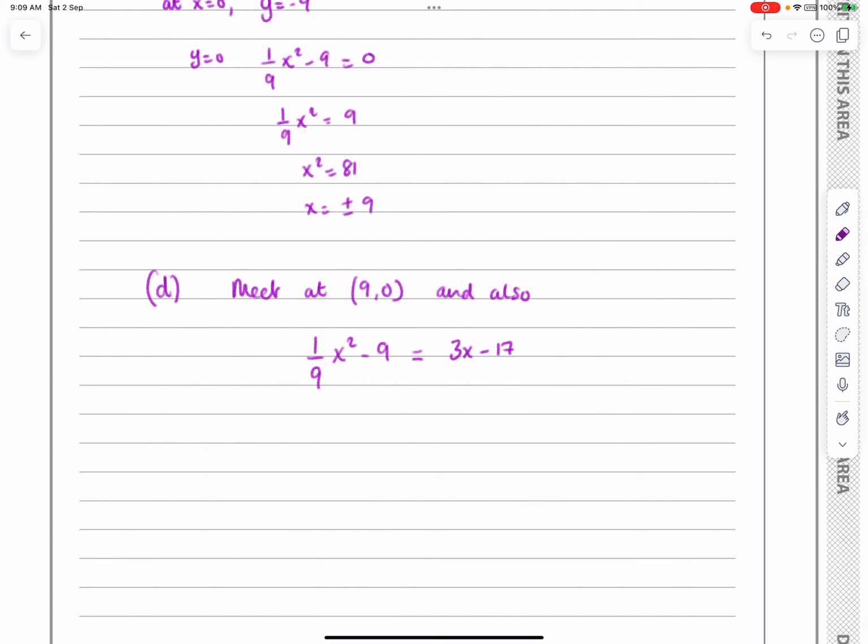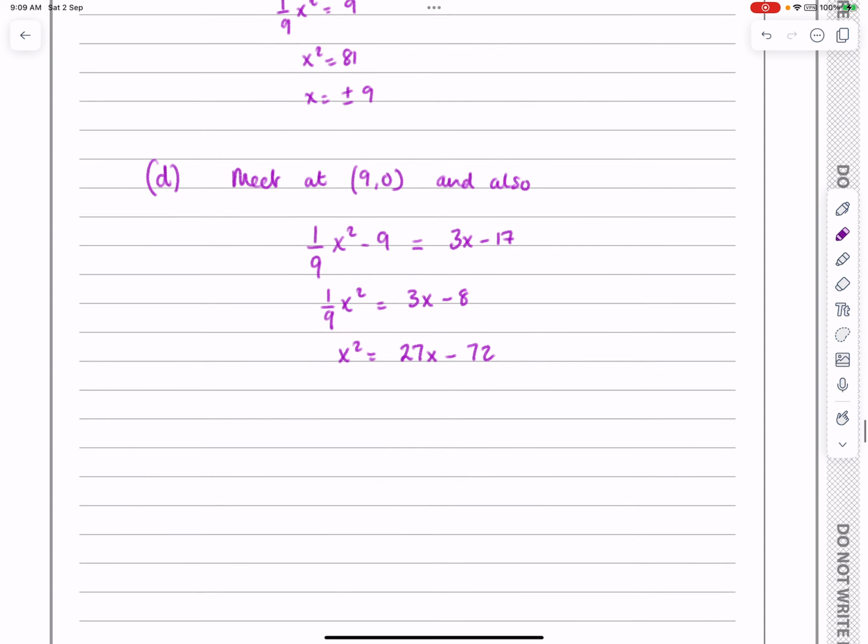So sorry, we're going to get a ninth x squared equals 3x minus 17. Minus 17 plus 9 is going to give me minus 8 there. Multiply everything by 9, so we're going to get x squared equals 27x minus 72.